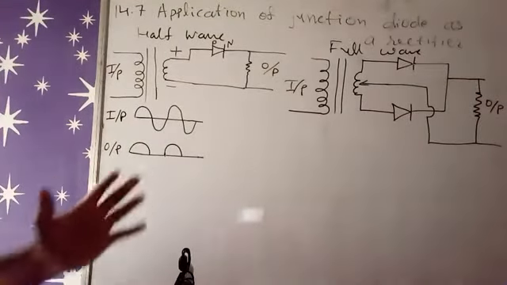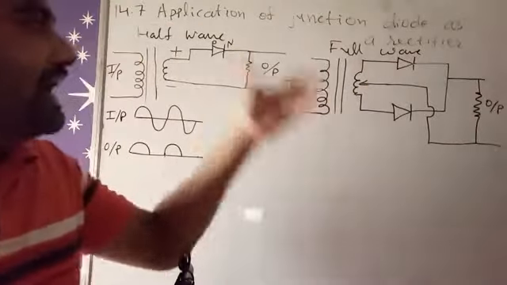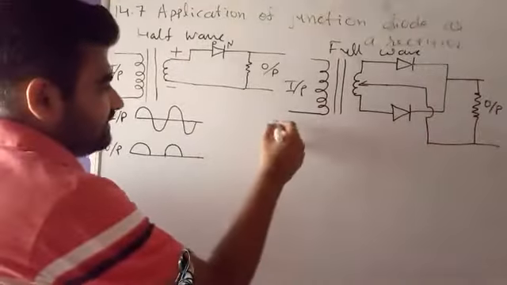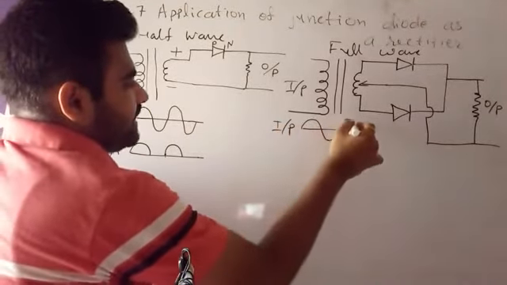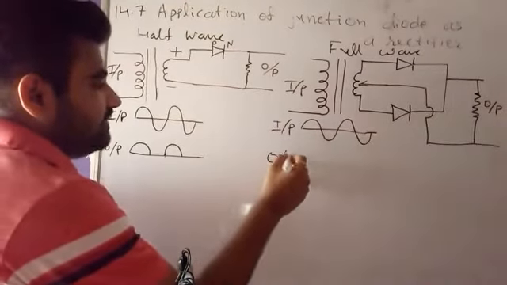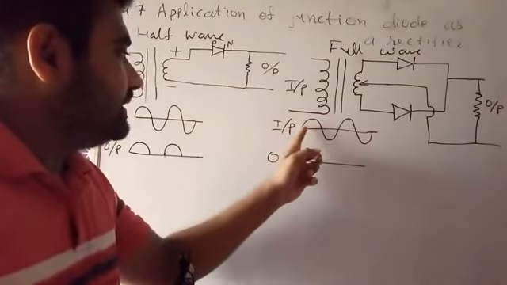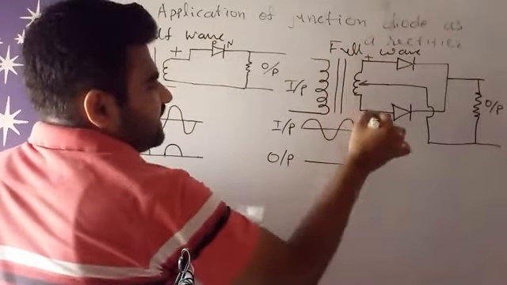Here, for full wave, we always have to connect two diodes, right? Similarly, this is our input, a full positive and negative wave. Now we have to draw the output. For the first initial interval this is positive and this is negative.